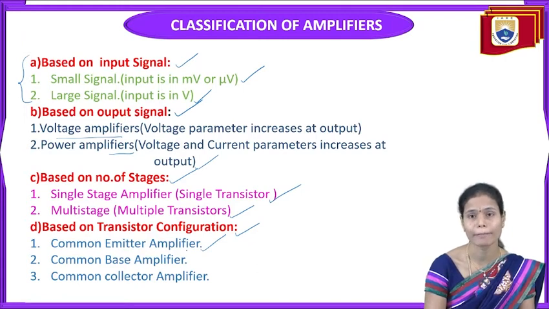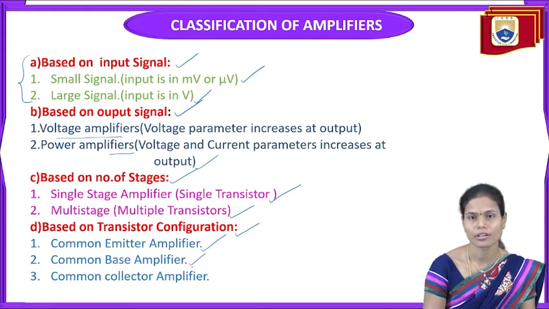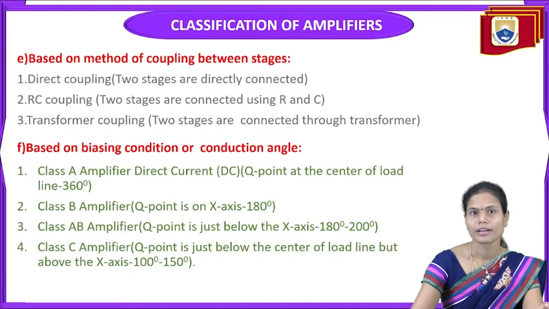If you use the common base configuration, we call it the common base amplifier. And if you use the common collector configuration, we call it the common collector amplifier. So these are based upon the input signal, output signal, the number of stages, and the configuration of the transistor. These four types of multi-stage amplifiers we can make.